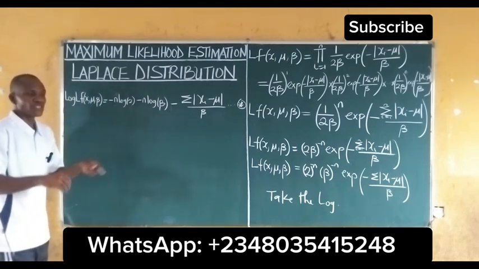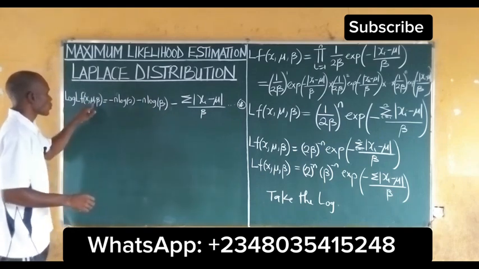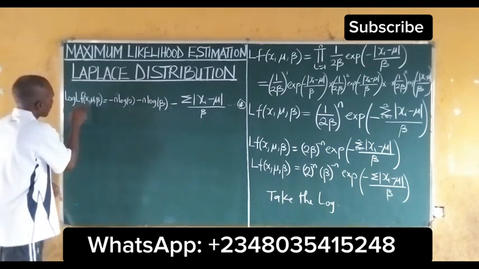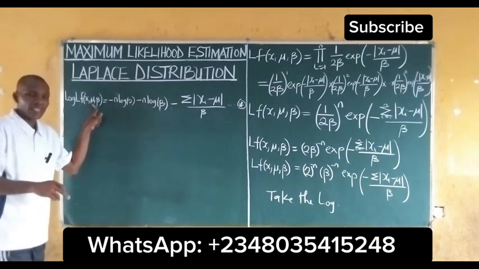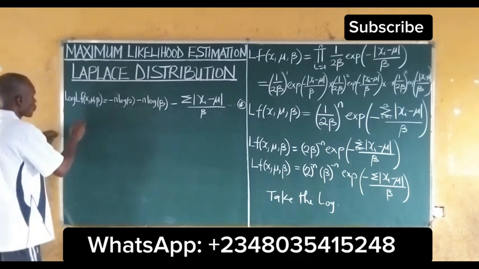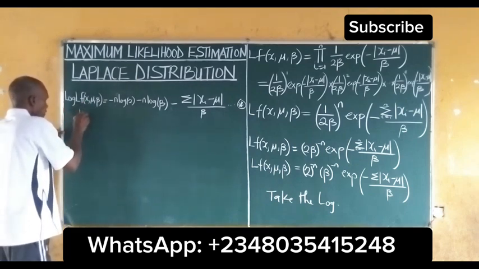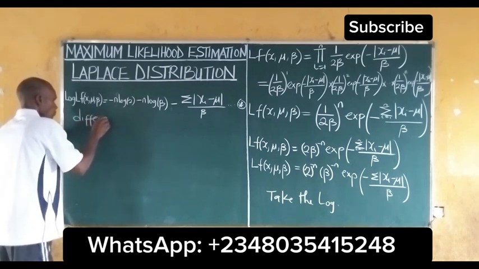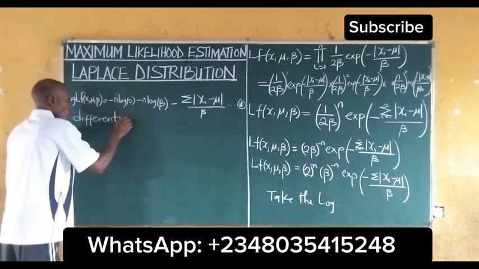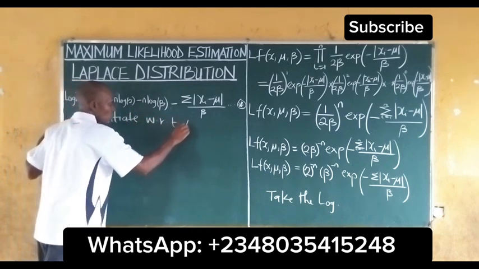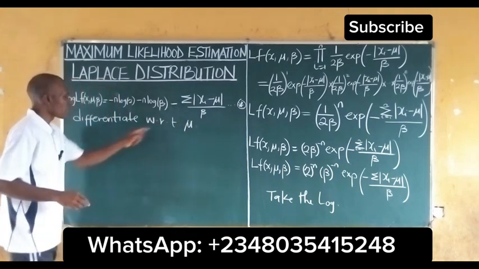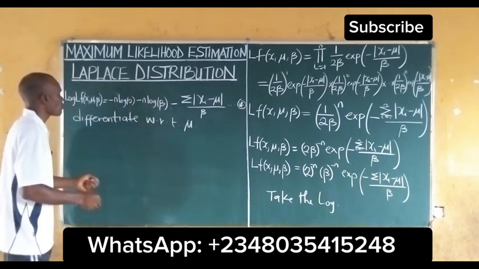The next thing to do is to differentiate with respect to mu. Mu, like we have already said, is our location parameter. To get the estimate of mu, we have to differentiate with respect to mu.